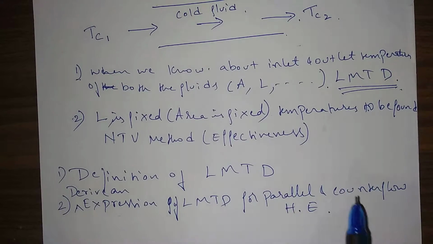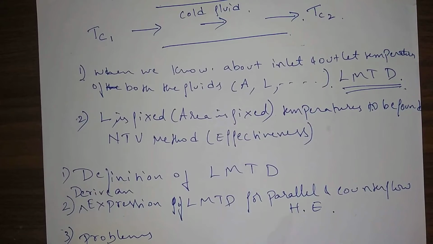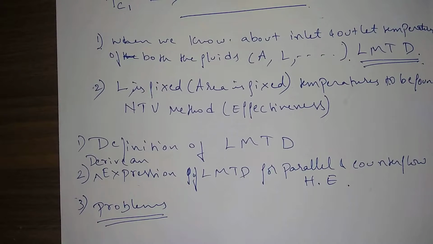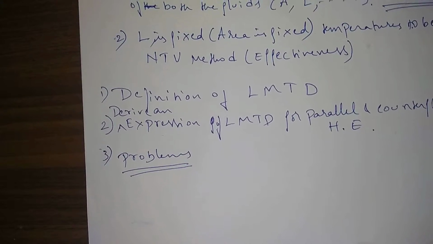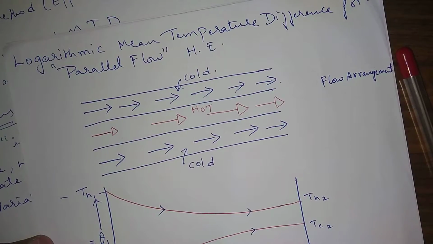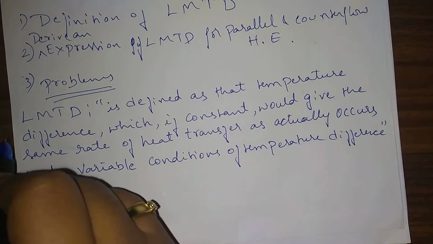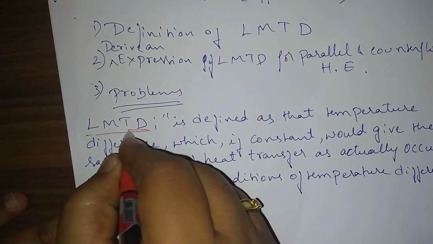So this is the first part, after which we will try to do problems on the LMTD approach. These are our goals. Now let us try to define what actually LMTD is. As I was telling, LMTD, that is logarithmic mean temperature difference.